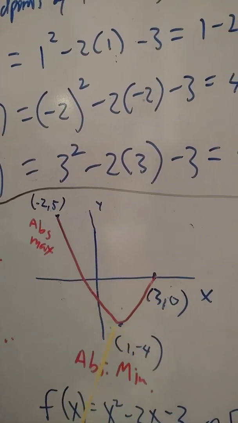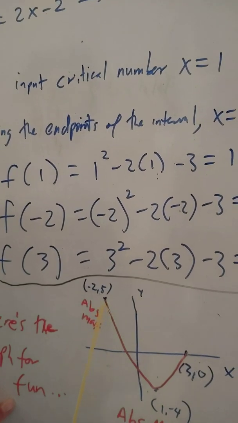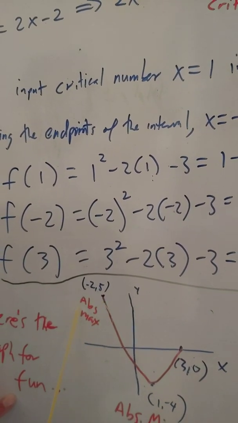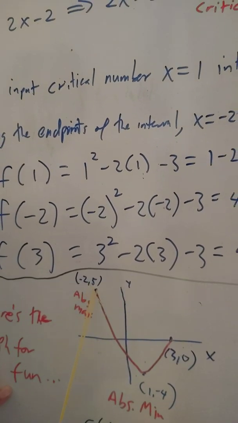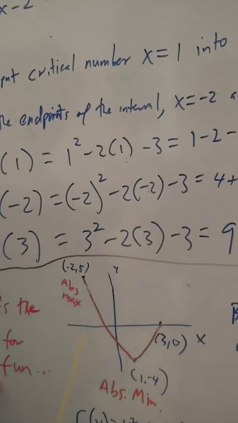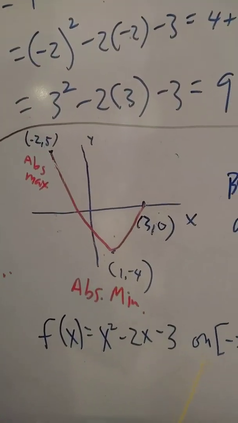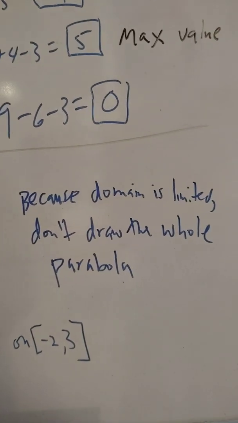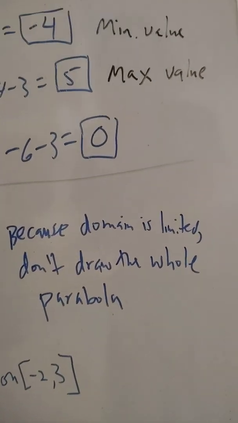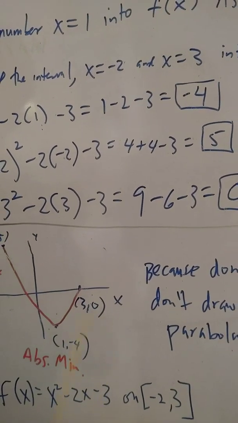And the highest point on this curve with the restricted domain is at the endpoint. So the absolute maximum value is 5, the y-coordinate. This graph is f of x equals x squared minus 2x minus 3 on this closed interval. Don't continue the graph, because everything to the right is not in the domain; x would be bigger than 3.